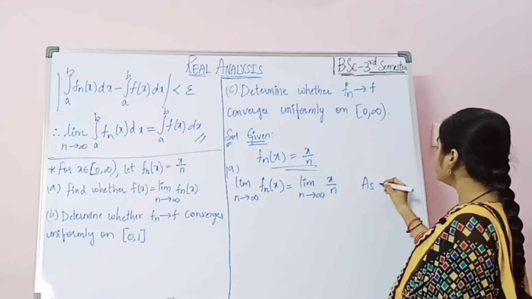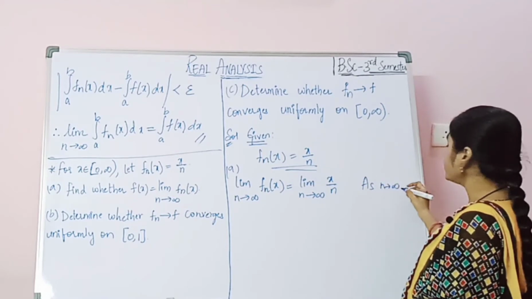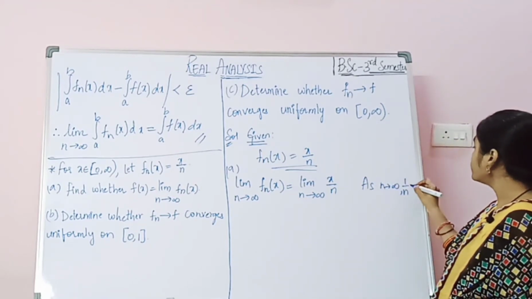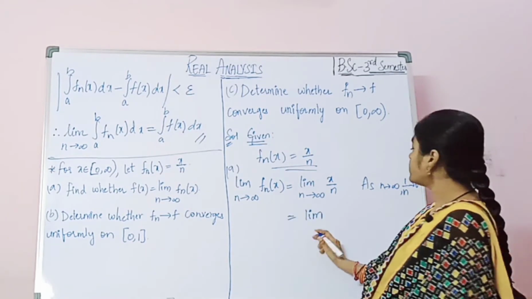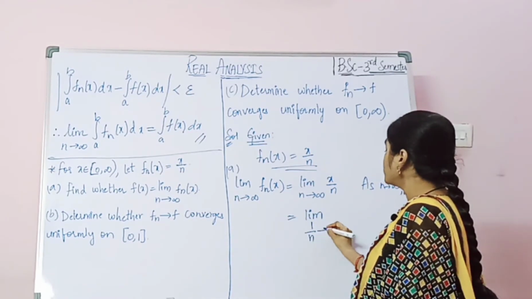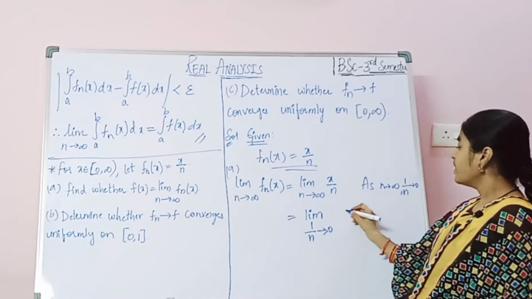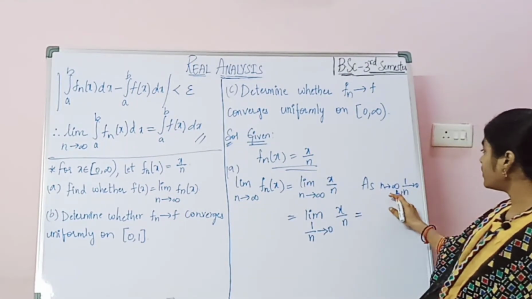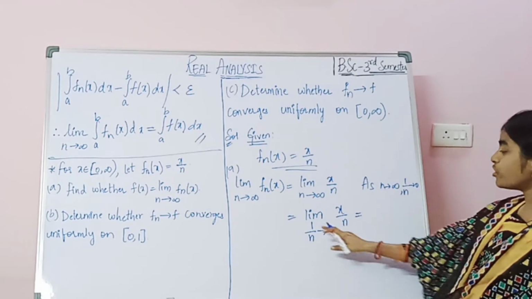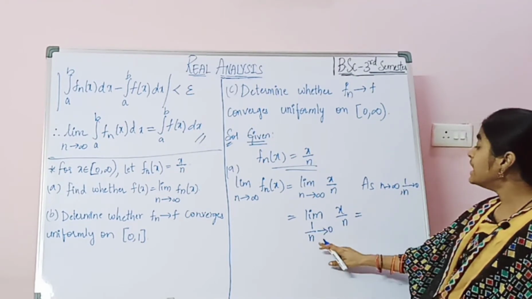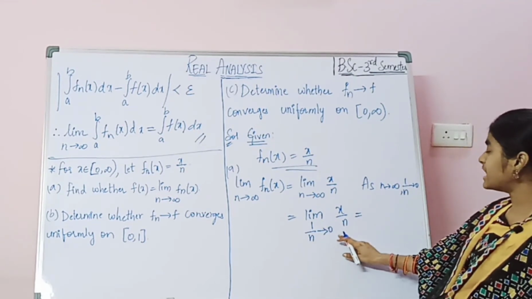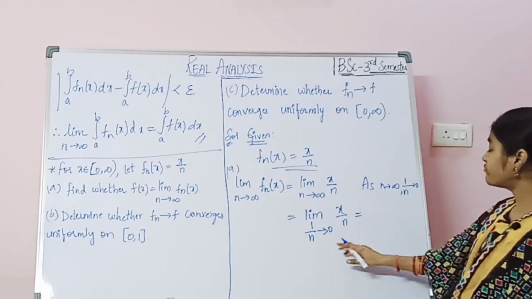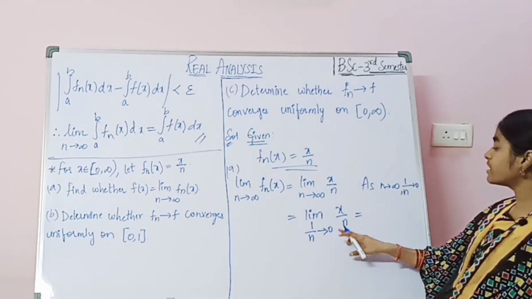Now, as n tends to infinity, 1 by n tends to 0. So the limit, as 1 by n tends to 0, of x by n, which equals, so here as n tends to infinity, 1 by n tends to 0. Now we have to substitute this 1 by n equals 0.